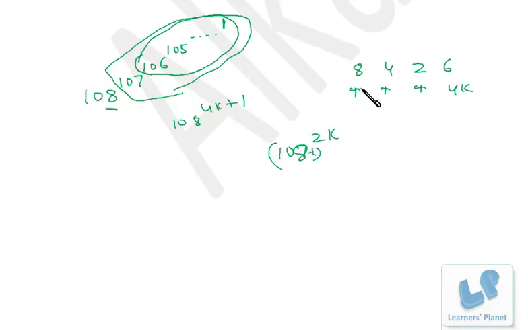So for 4k plus 1, we have the unit place as 8. It's very easy. You just have to find out which form, out of 4k, 4k plus 1, 4k plus 2, 4k plus 3, the exponent is taking. For that you can divide this expression by 4 and get the remainder.